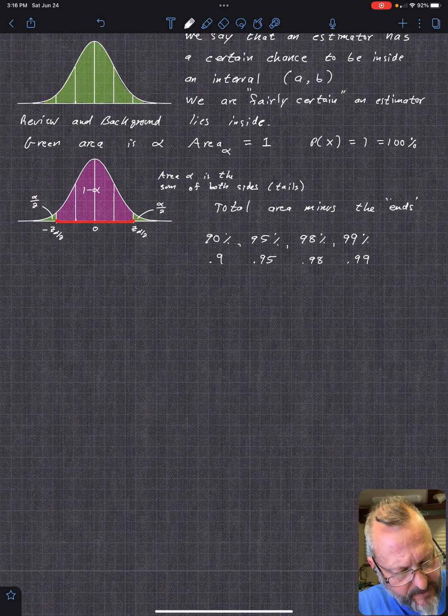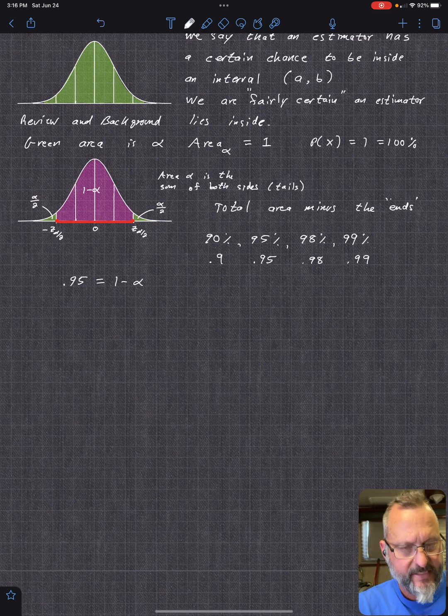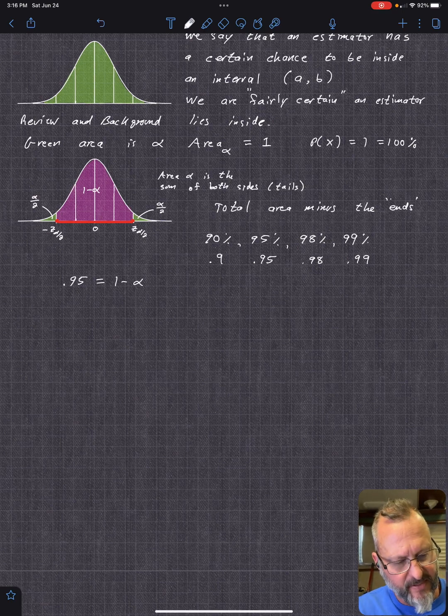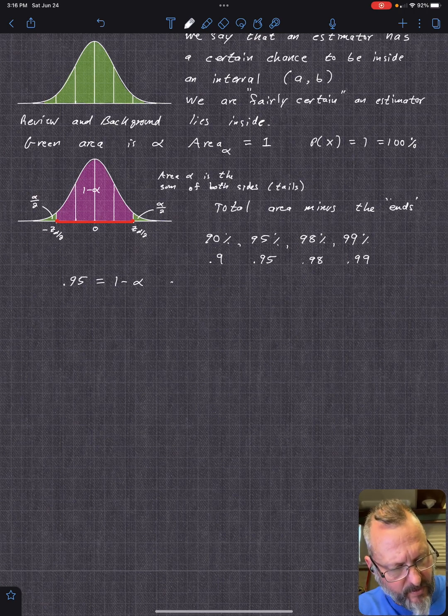We say 0.95 is equal to 1 minus alpha. That's the area inside of it. That's the 95% confidence interval. So you look at 1 minus alpha. Or you could say 0.99 is equal to the 1 minus alpha. And that allows us to solve for alpha as well.